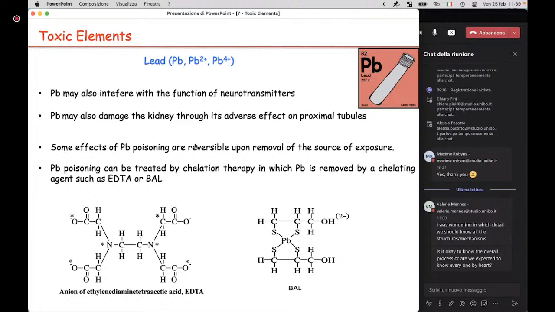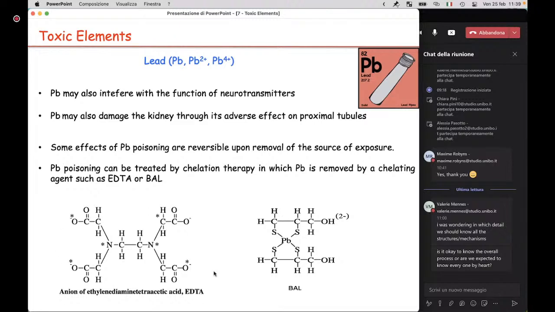Some of these effects can be reversed through decontamination, but some of them are not. In case of poisoning, we can administer so-called chelation therapy. Chelation means that we administer some compound like this.